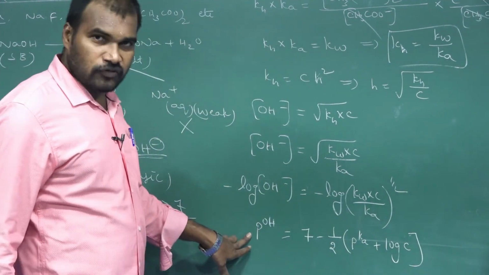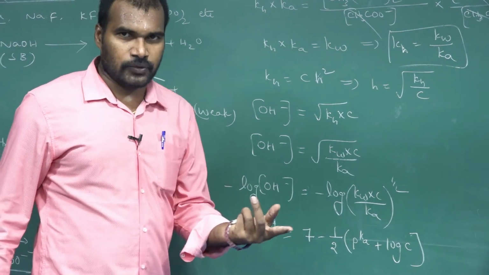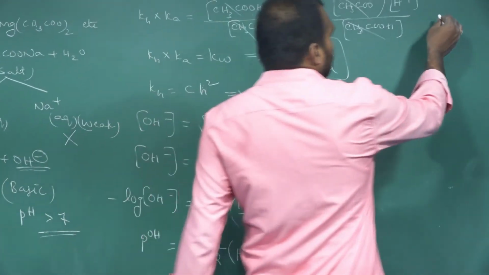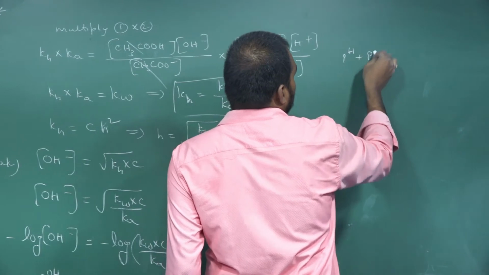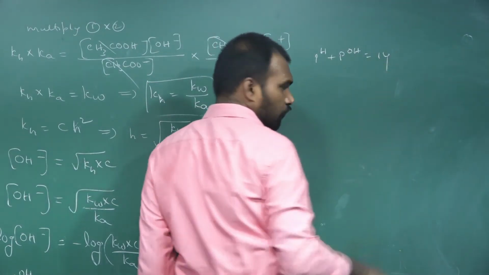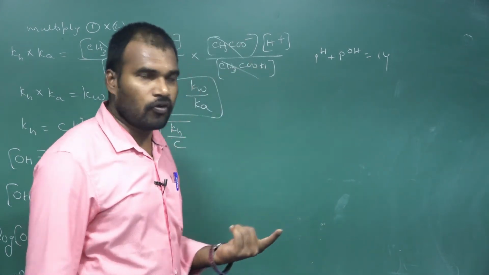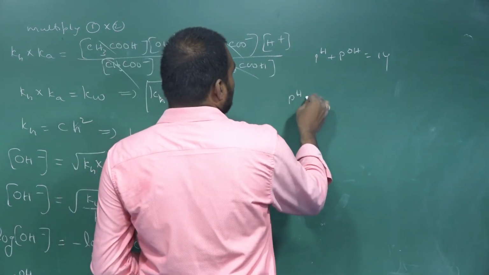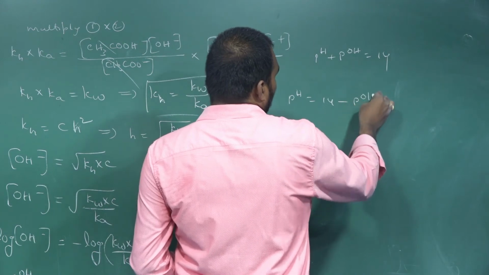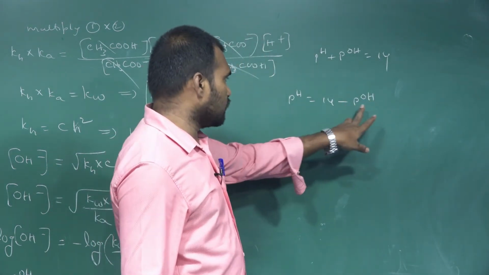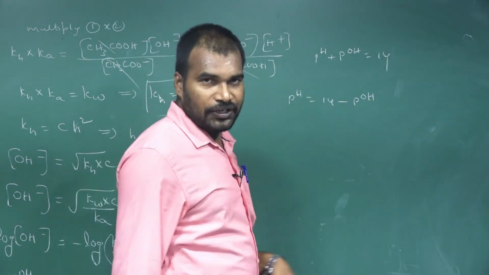Now this is a pOH value, but we need to calculate the pH value. As we know, pH plus pOH is equal to 14. We know that the sum of pH and pOH is always equal to 14. So from that, pH is equal to 14 minus pOH. Now subtract this formula from 14.